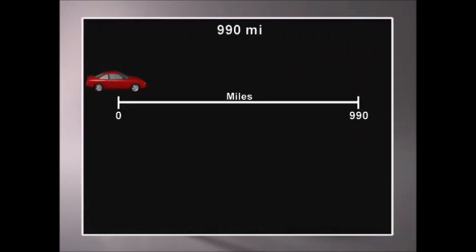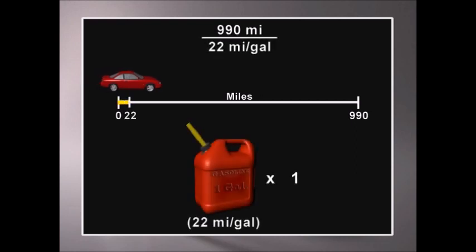Well, if I have to drive a total distance of 990 miles, and 1 gallon of gas will eat up 22 of those miles, then this is another Gazinta problem. How many of these 22-mile packages will consume or Gazinta or use up, use whatever word you like, the 990 miles?